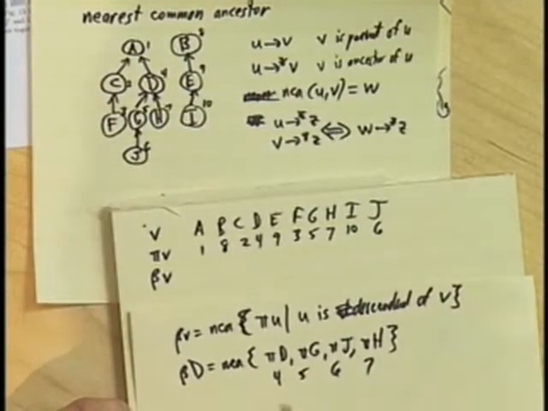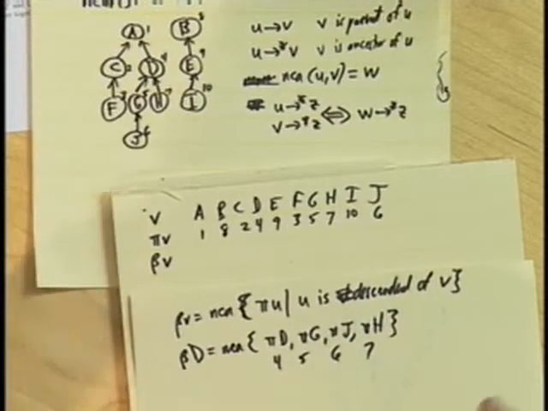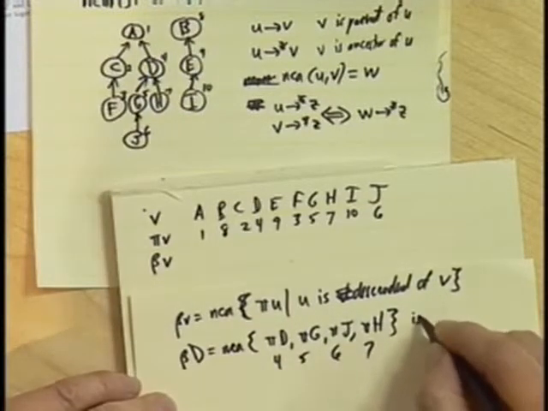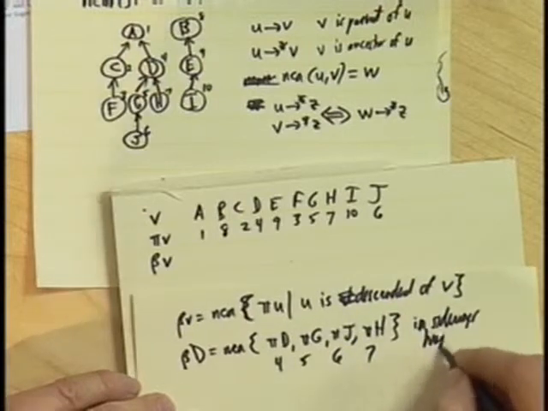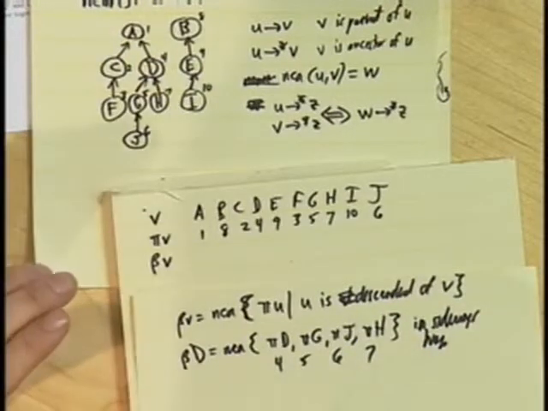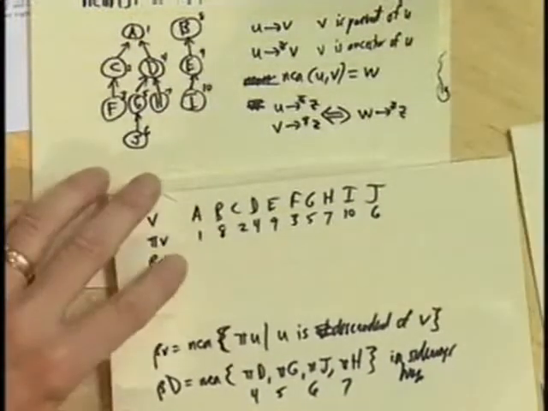Okay, so what's the nearest common ancestor of those 4 nodes in the sideways heap? In the sideways heap, there's only one sideways heap. It's this. But I'm glad you asked, because you are not the only person wondering about that.